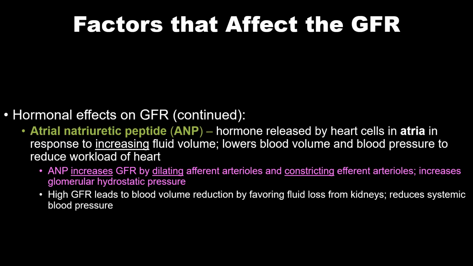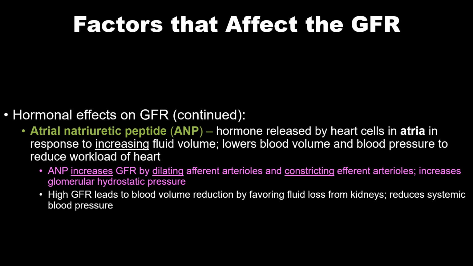All right, so you guys remember we talked about ANP in the endocrine chapter being released by the heart, right? And this is in response to atrial blood volume increasing. And so what this does is it works to lower blood volume and blood pressure, thereby lowering the workload of the heart. And so this is going to essentially accomplish this task by dilating all the afferent arterioles and constricting efferent arterioles of the glomerulus.